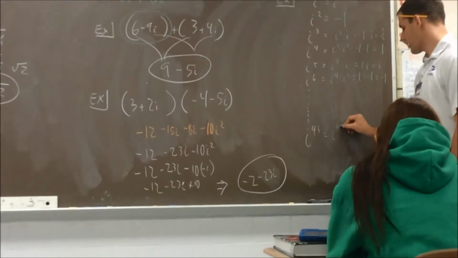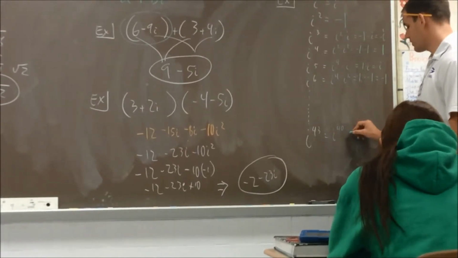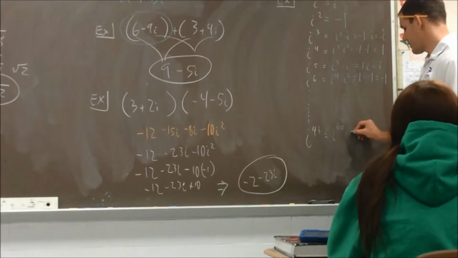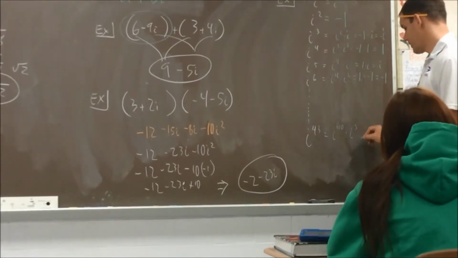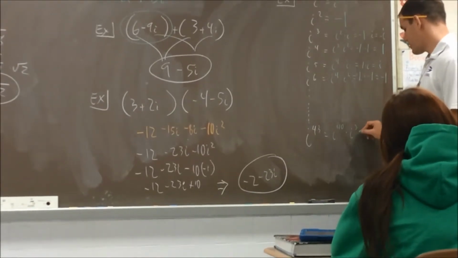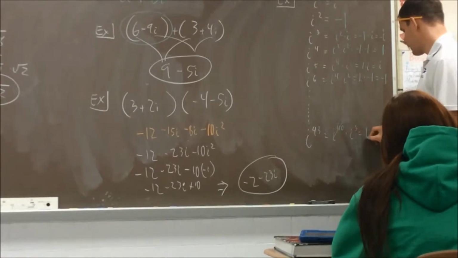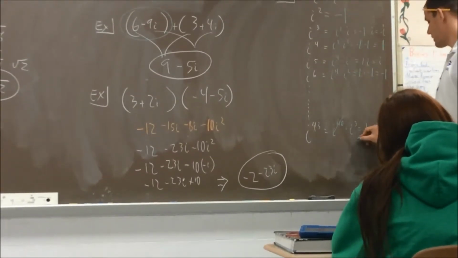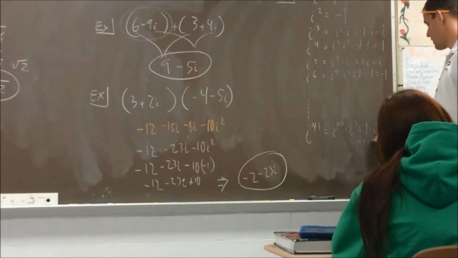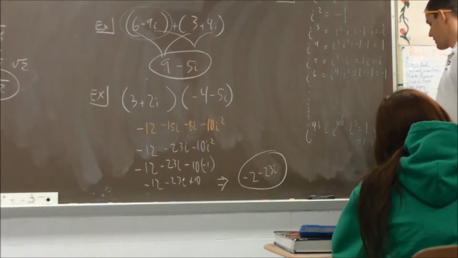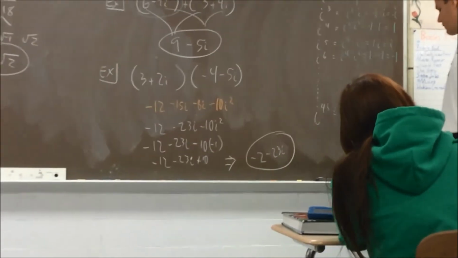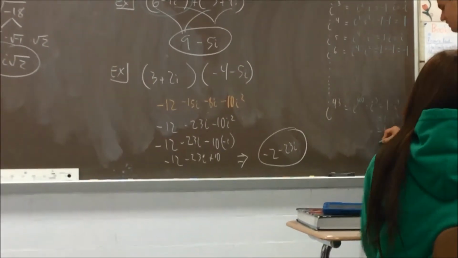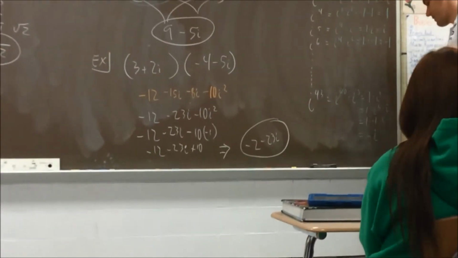It's i to the 40th, but those kept starting over, times i to the third. And so that's just 1 times i to the third. i to the third, though, is 1 times i squared times i. 1 times negative 1 times i, so it's just negative i.